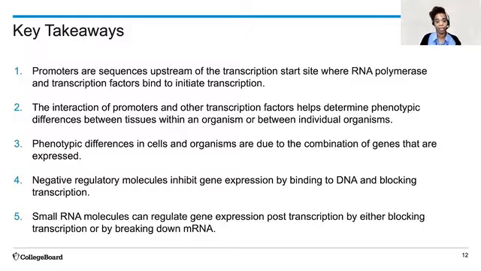Phenotypic differences in cells and organisms are due to the combination of genes that are expressed. Negative regulatory molecules inhibit gene expression by binding to DNA and blocking transcription. And don't forget that small RNA molecules can regulate gene expression post-transcription by either blocking transcription or by breaking down messenger RNA.